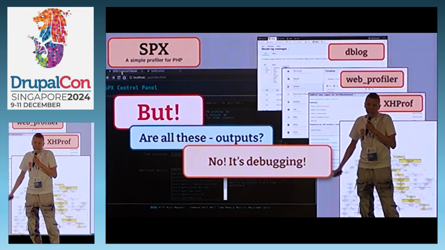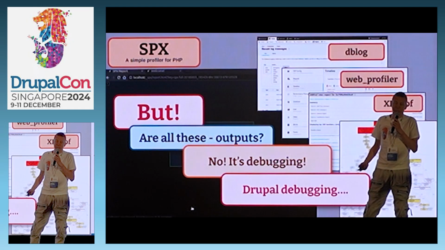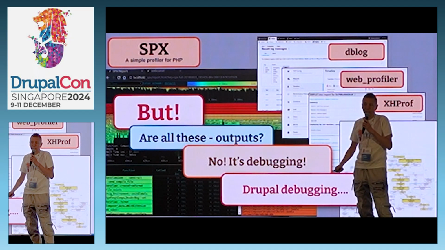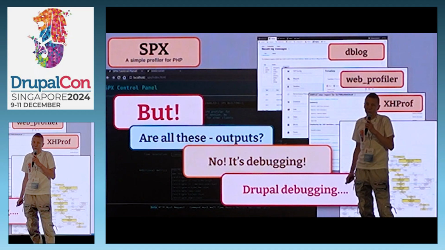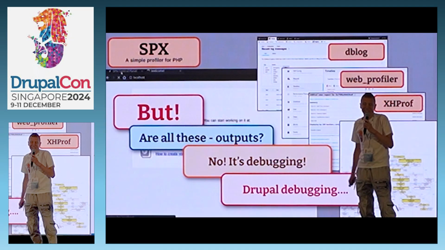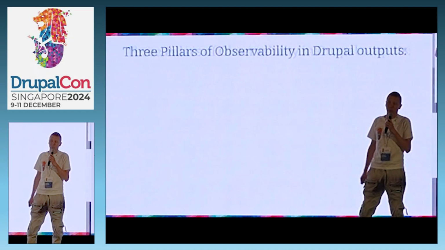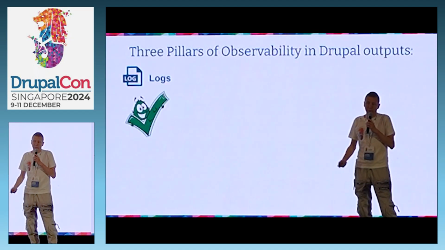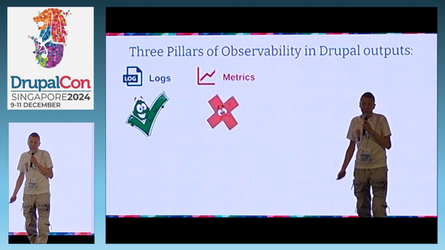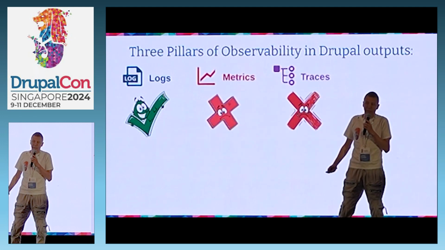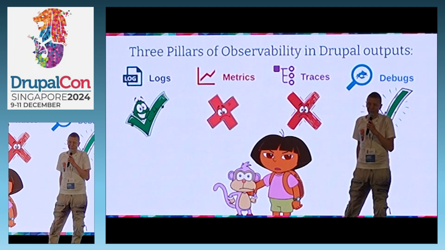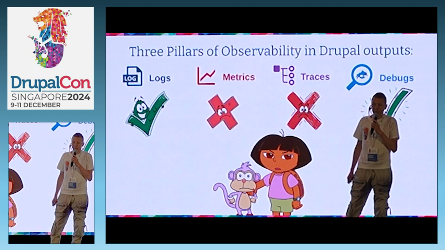They are kind of debugging, and especially Drupal debugging, because they display the information only inside Drupal and can't synchronize them with other components of your system. So what have we got? We found logs, right? And no metrics, no traces, but a lot of bugs. Oh no, a lot of debug information. That's kind of sad.